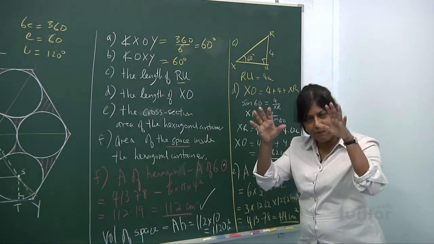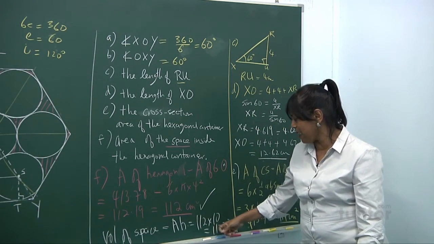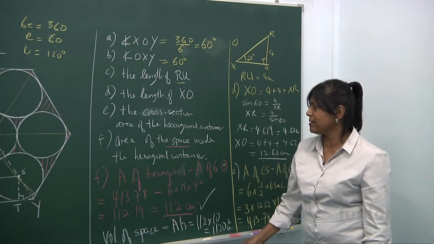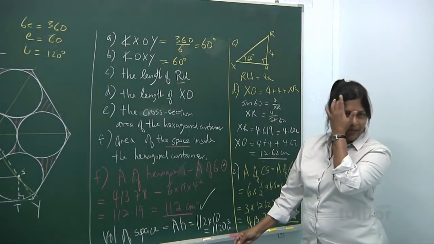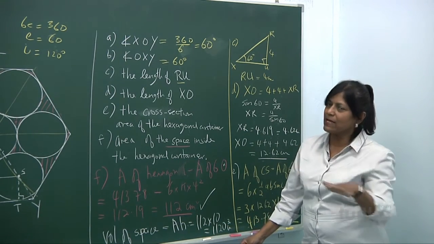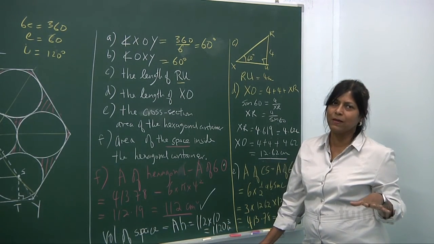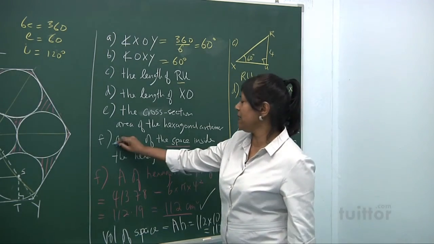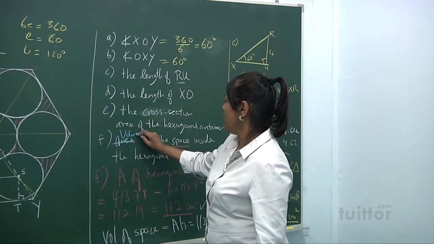But if you want to talk about the space inside, the volume of the space, it will be 1120. I would suggest that when we talk about space, if it's just a flat 2-dimension, it should be area. But if it is 3-dimension, this should be changed to volume of space.